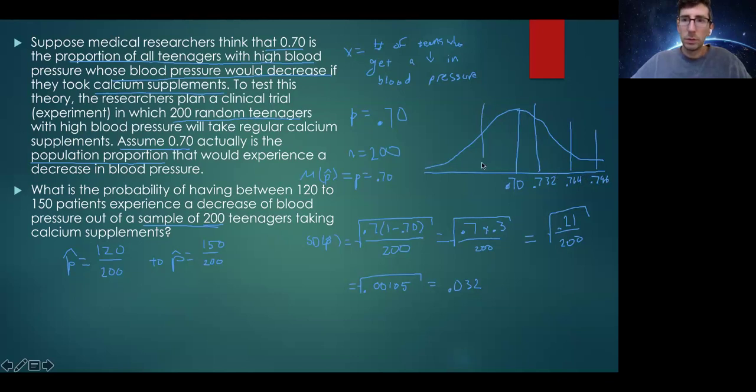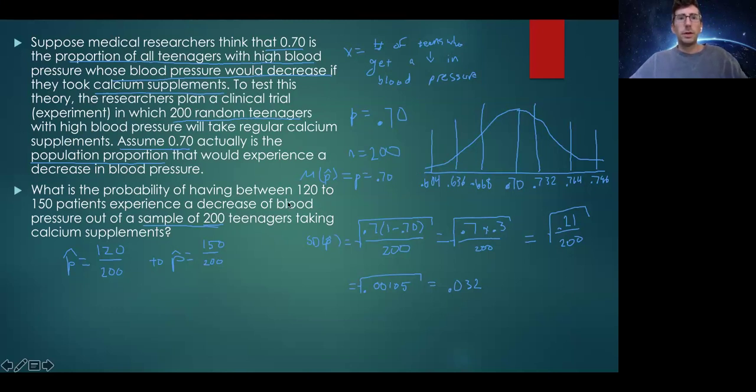Yep. Then if we subtract 0.032, we get 0.668. Subtract another 0.032, 0.636. And lastly, subtract another 0.032, we get 0.604.